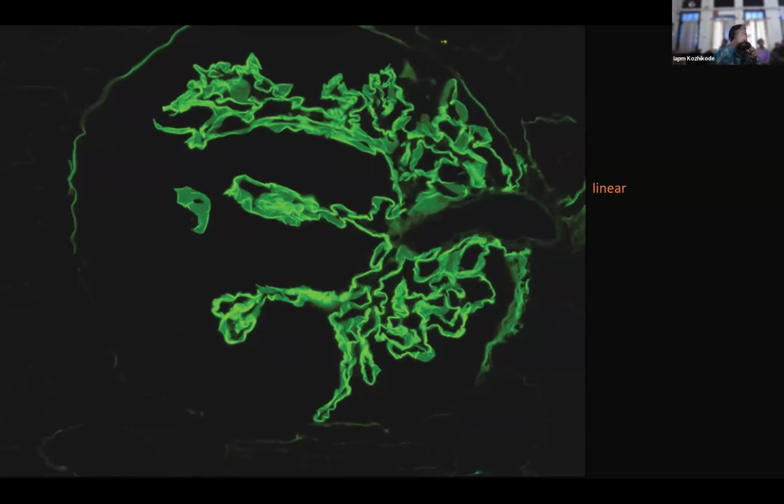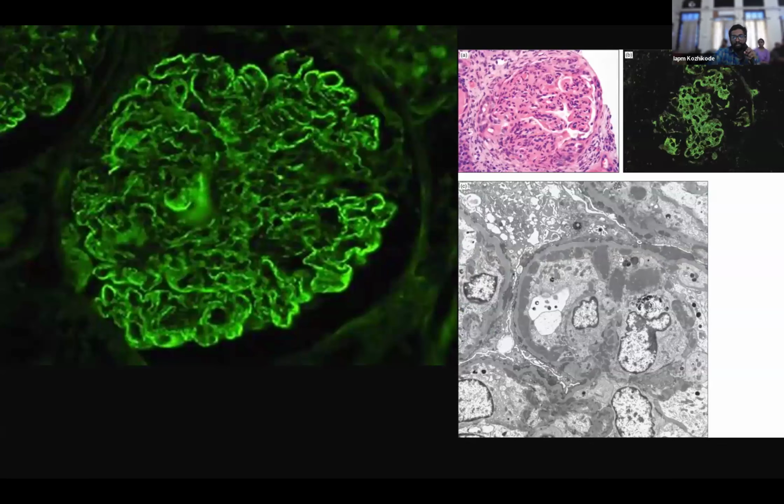Antibodies are directed against the basement membrane. The second pattern, as in all other glomerulonephritis, is the granular pattern along the capillary walls. This would be supported by endocapillary hypercellularity in light microscopy and subendothelial deposits in the EM.